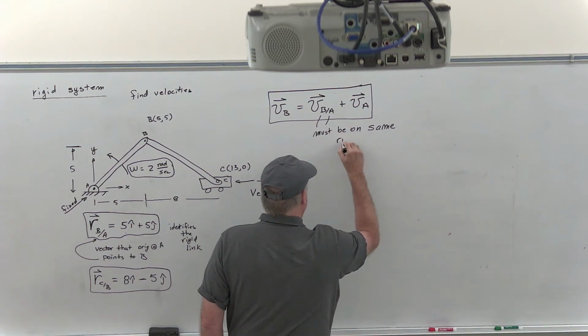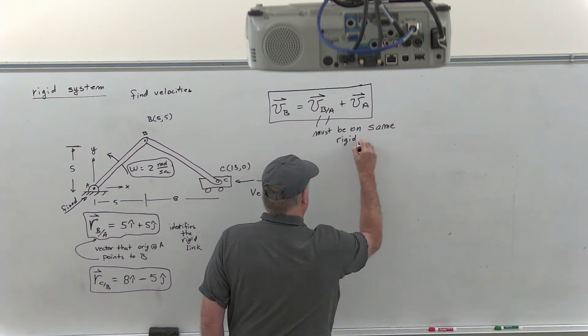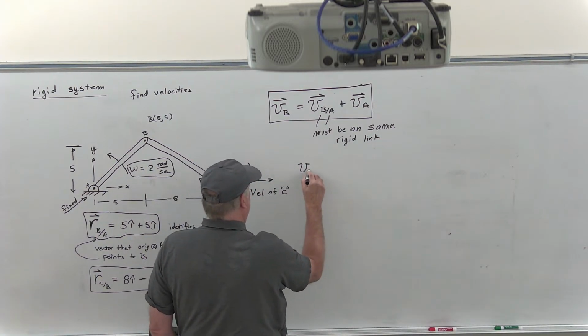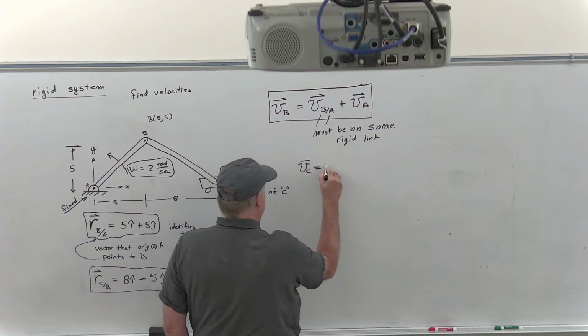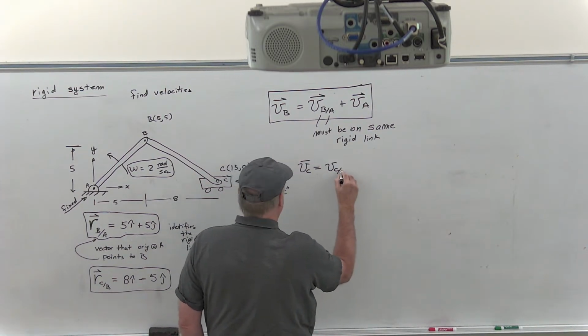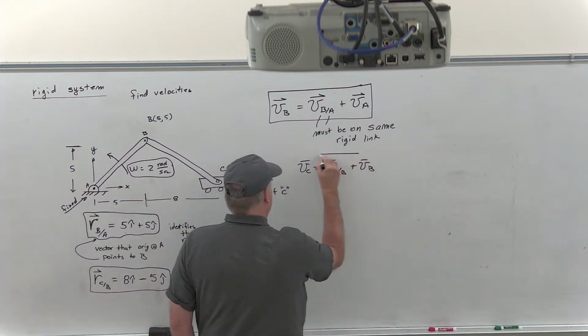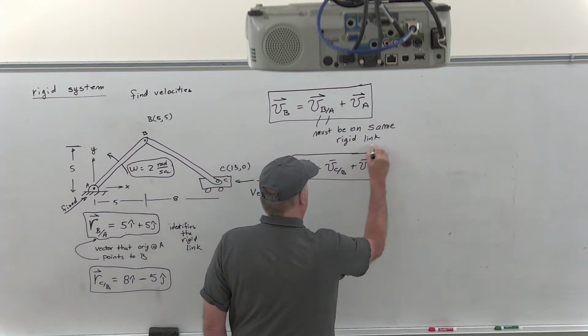I'll say rigid link. Okay, so this means I can do another one. Velocity of C is equal to velocity of C relative to B plus velocity of B. These are on the same link.